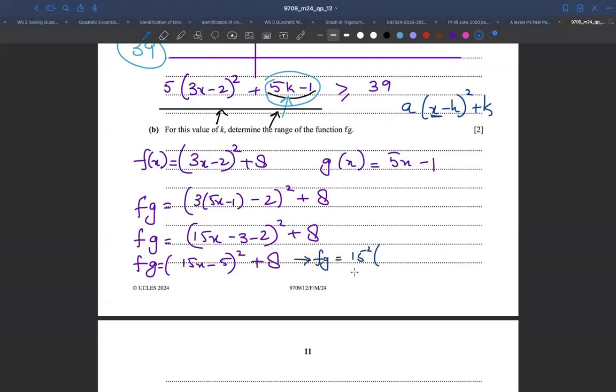So this will become x minus 5 upon 15 plus 8. I don't know if it was needed or not, I think not. Even if I hadn't done it, this plus 8 gives me the range of the function. So fg should be greater than or equal to 8.